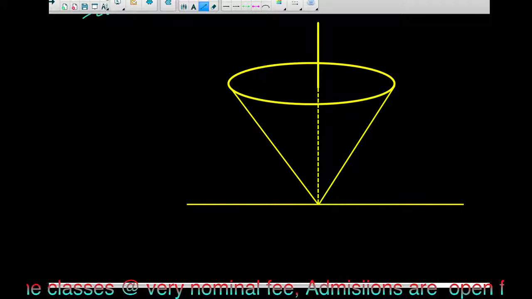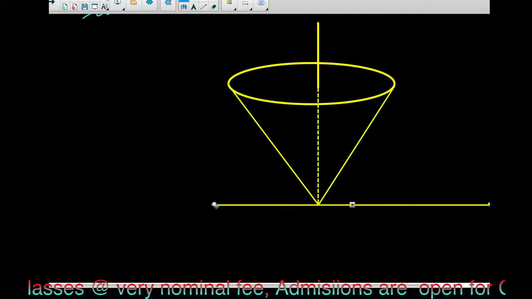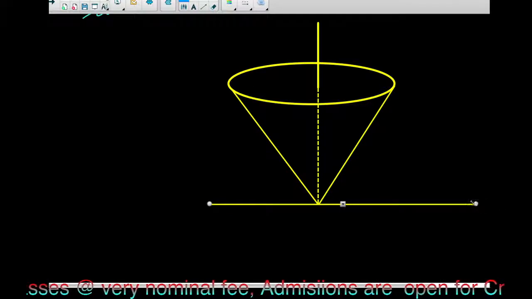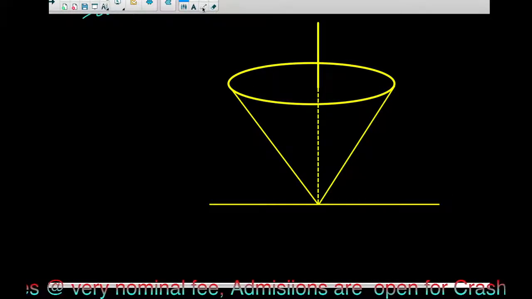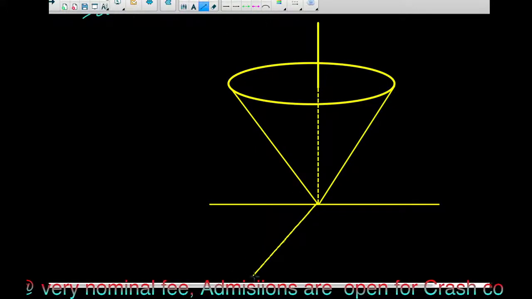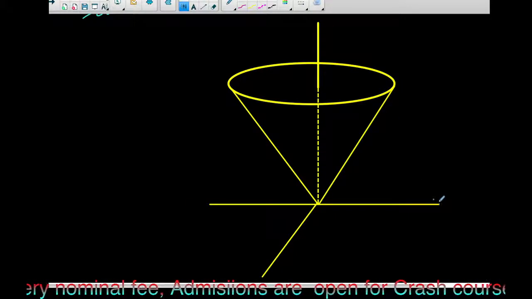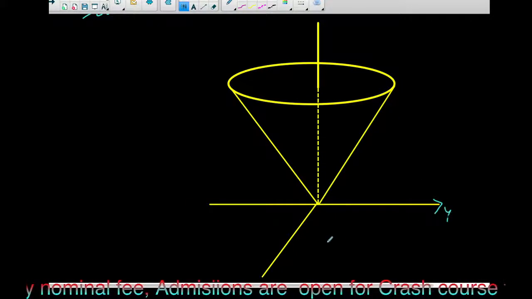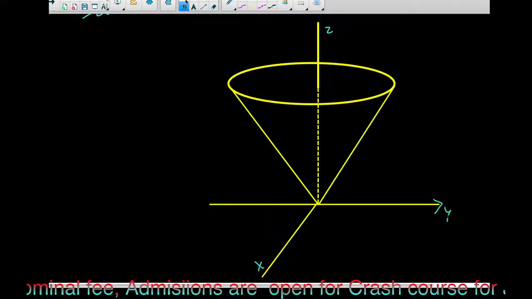So this is the y-axis, this the x-axis, and this is what we call the z-axis.